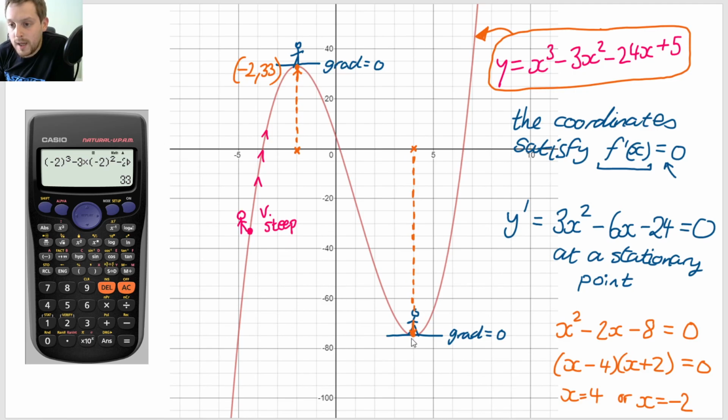And then this coordinate here, we need to plug 4 into our original y. So I'm just going to swap all the minus 2s with 4s. And I get all the way down at minus 75. And that's exactly minus 75 spot on if you look there. So that's pretty good. So 4, minus 75. So we've answered the original question then.